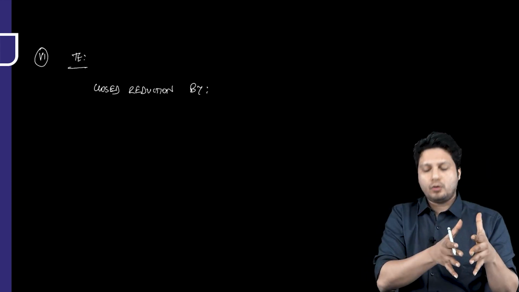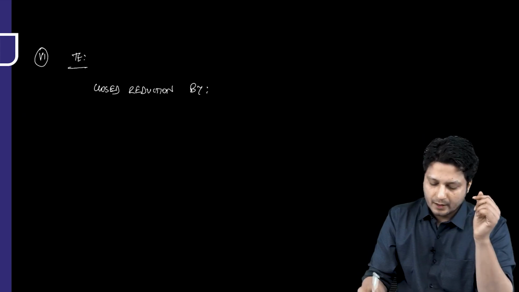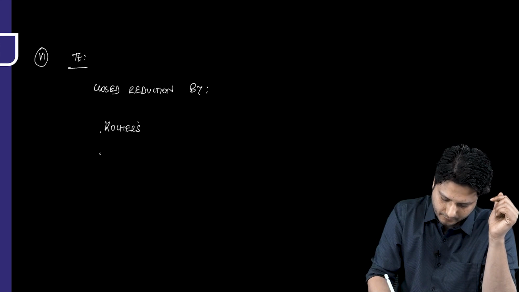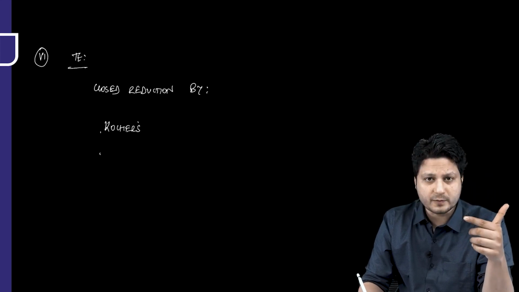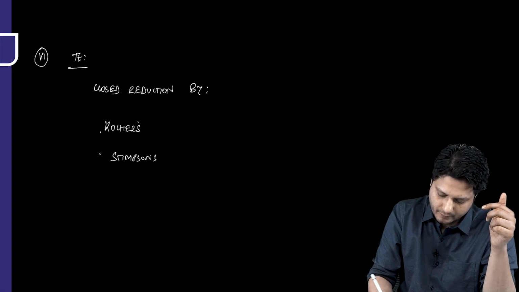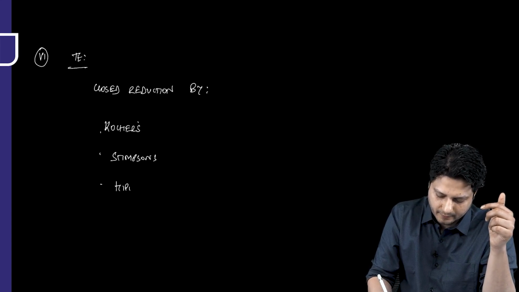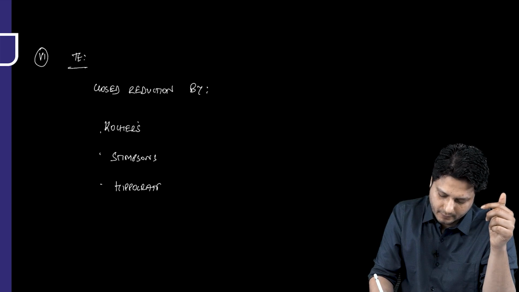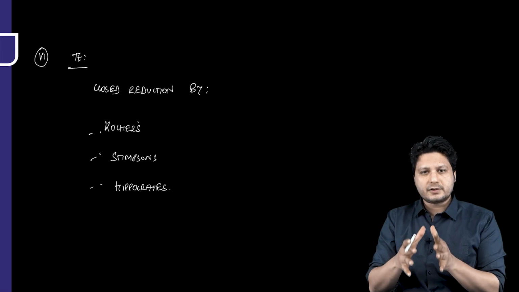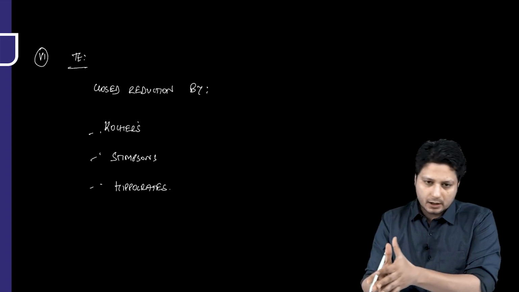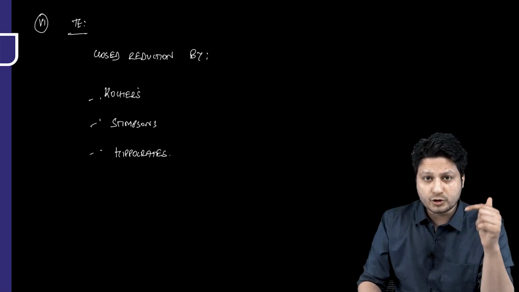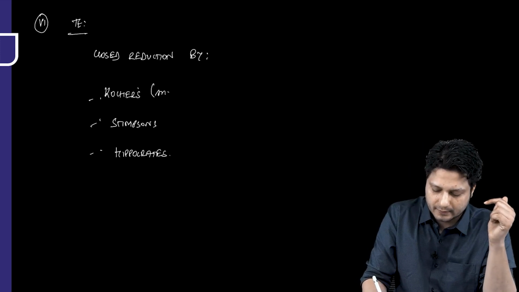One method is Kocher's method, the second is Stimson's method, and the third is Hippocrates method. So these are the three methods on the basis of which you can perform closed reduction in the emergency itself. The Kocher's method is the most commonly used method.